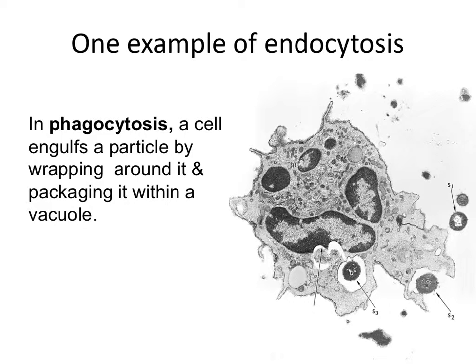So here's an example. This is an amoeba. It's a single-celled protist, and they eat, which is what phagocytosis is, just cell eating. It's a type of endocytosis.